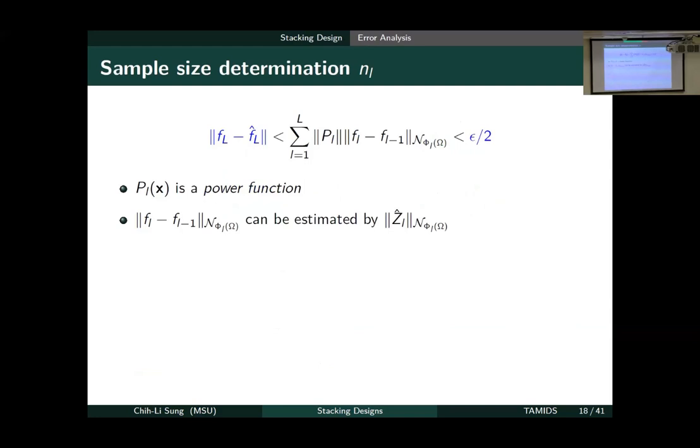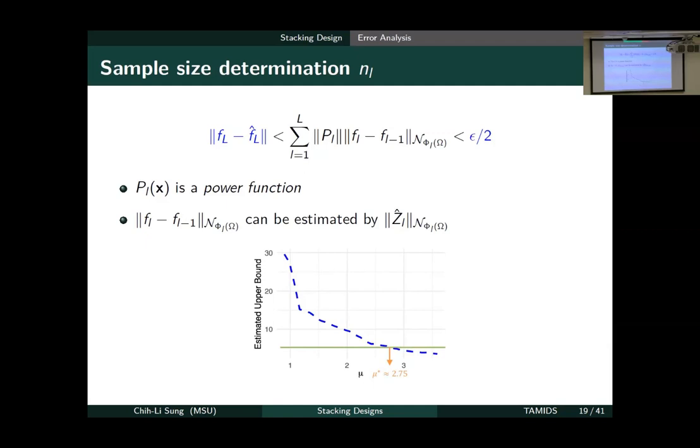Let me skip the details here, but this power function depends on the mu constant that I showed before. So we can just draw a line to show the relationship between this bound and the mu, and make sure this bound is smaller than half of epsilon. Then we can determine this mu star.